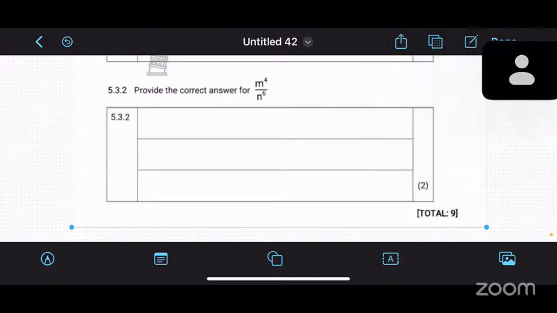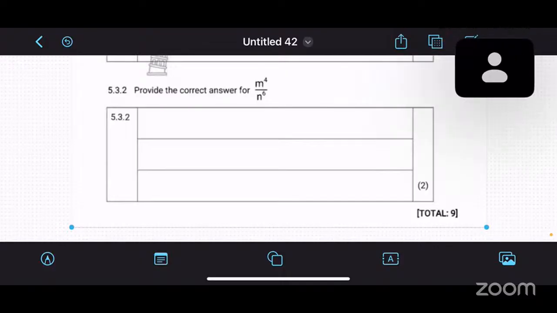Ole, provide the correct answer for m to the power of 4 divided by n to the power of 6. Okay, Manahil, are you able to hear me?